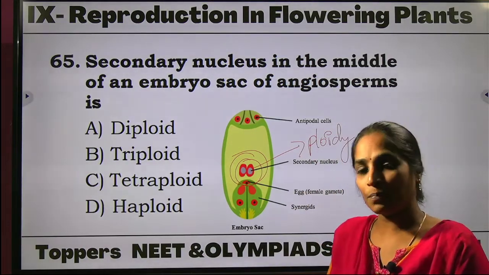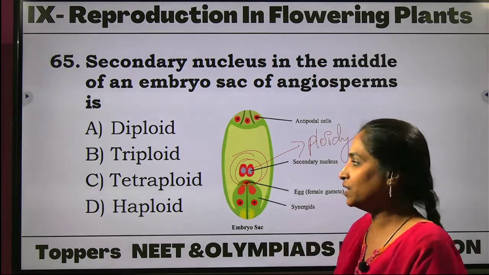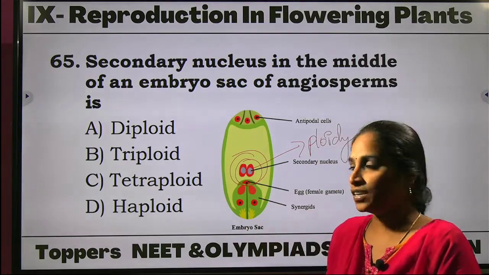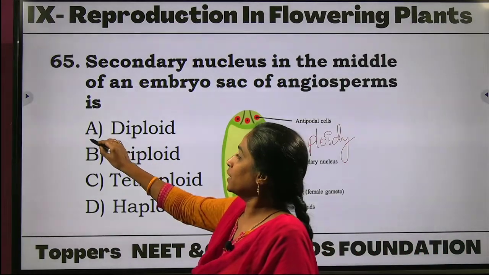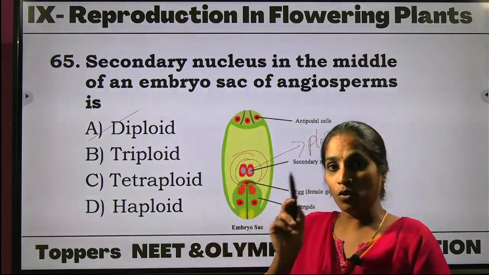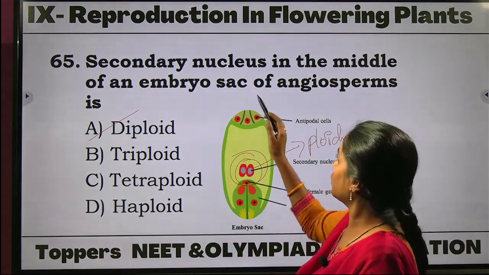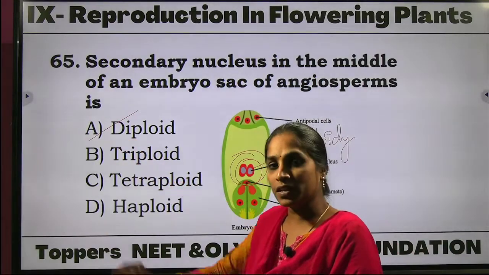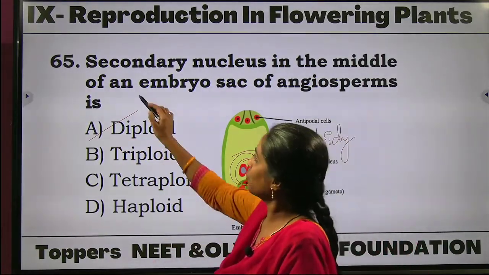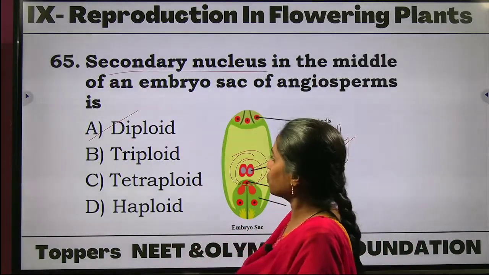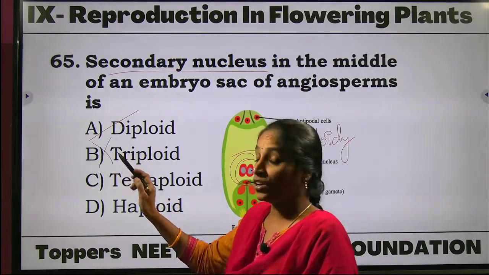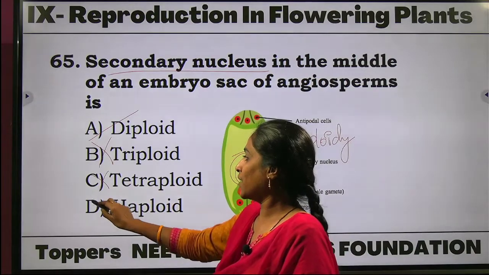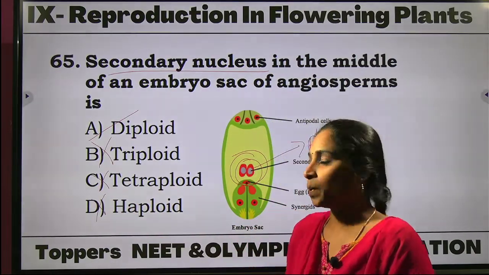Are they haploid, diploid, triploid or tetraploid in condition? It is in a diploid condition before fertilization. Here he did not mention the word fertilization, so we need to consider it as a diploid condition of a secondary nucleus. It's not triploid. Triploid is after fertilization. Tetraploid no, and haploid also no, right?